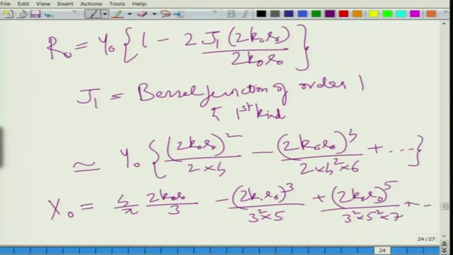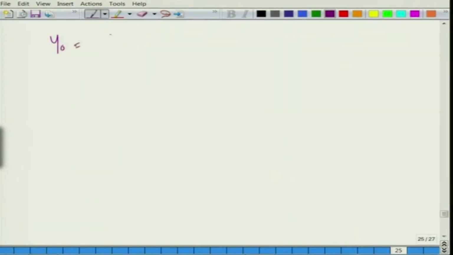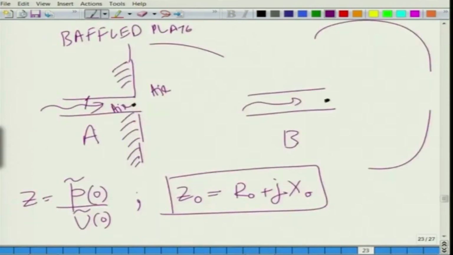Here Y naught, of course, is the characteristic impedance of the duct, and this is pi by R naught square, where R naught is the radius of the duct.